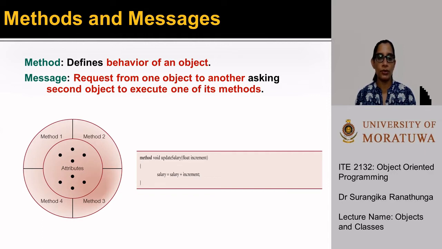Rather, these values should be retrieved or modified by other objects via the methods. For example, if you look at the update salary method, what does it do? It updates the attribute of the employee class. This update salary can be called by other external objects, but they cannot directly access the salary attribute.